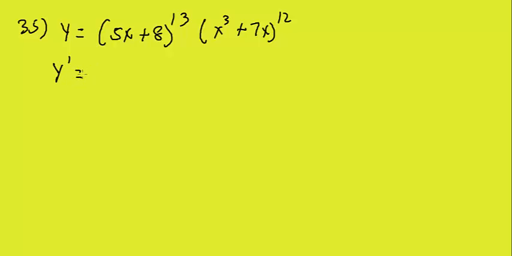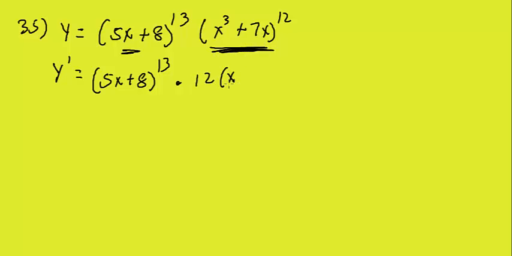Okay, let's go product rule. First, so it'd be 5x plus 8 to the 13 times the derivative of the second. What's my outside function there? 12. That'll be x to the third plus 7x to the 11 times, I got to go inside, take the derivative of that, which is 3x squared plus 7.